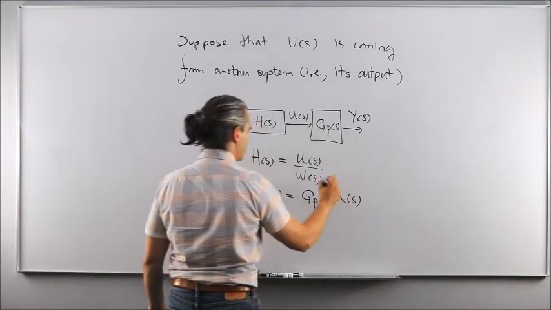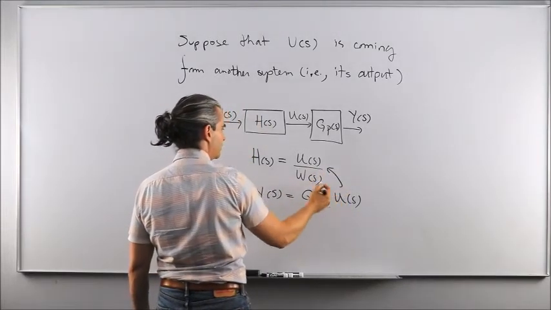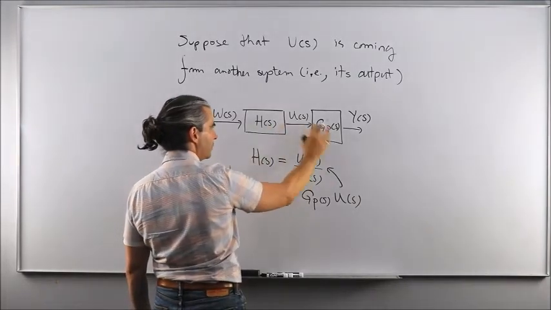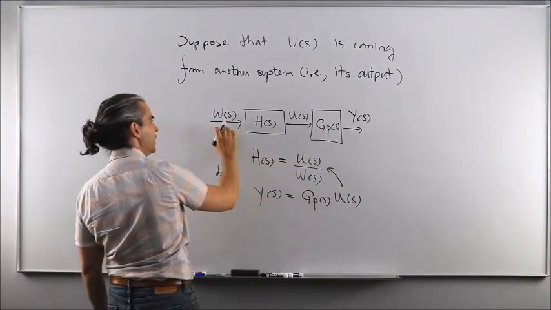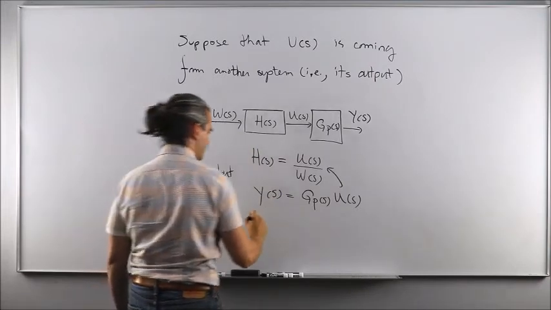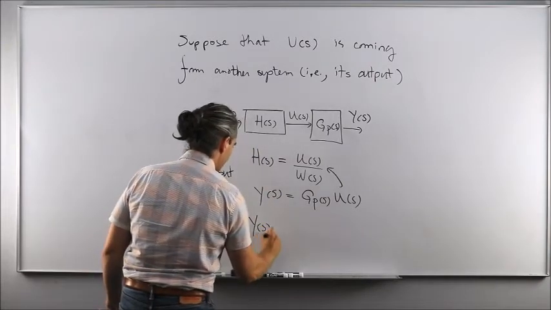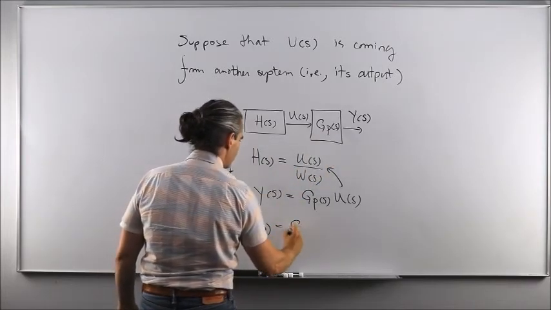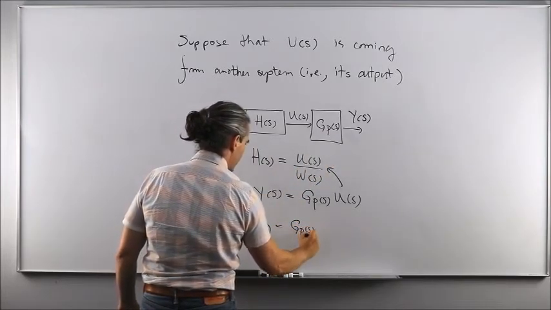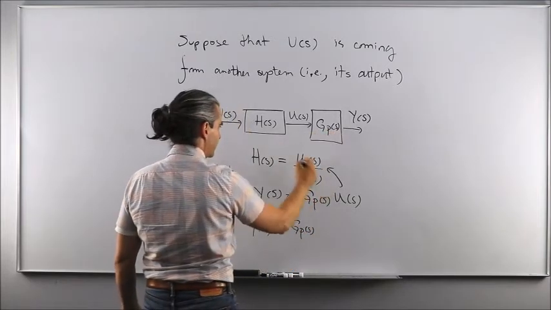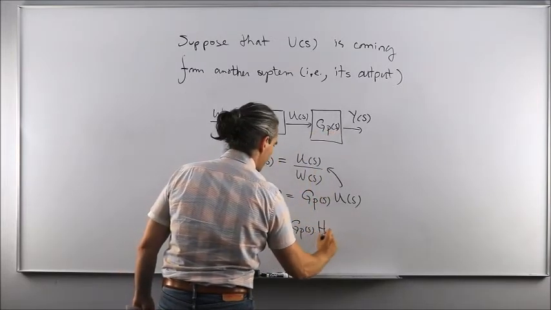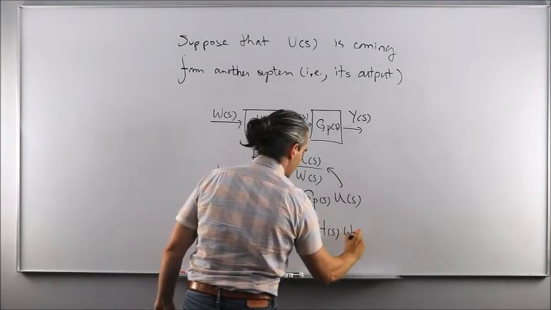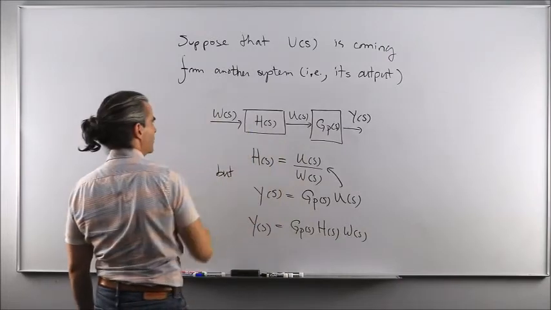But we know then from before here that U of S could be obtained from H of S, the other transfer function or system ahead of the plant, times the input of that other system, such that ultimately the output of everything, Y of S, will be equal to this transfer function that then multiplies the other transfer function times its input.